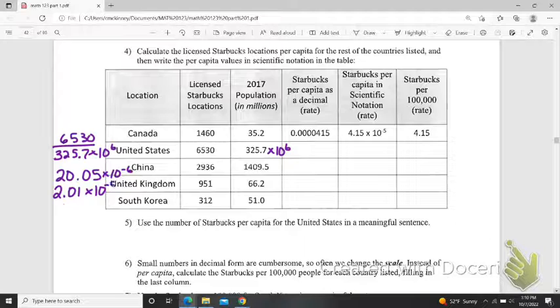Negative 5, because it was too big, so I add 1 to the negative 6. So everything in this column, when you're dividing by it, they're all in the millions. So there's always going to be that 10 to the 6th, which means 10 to the negative 6 since we're dividing by it.